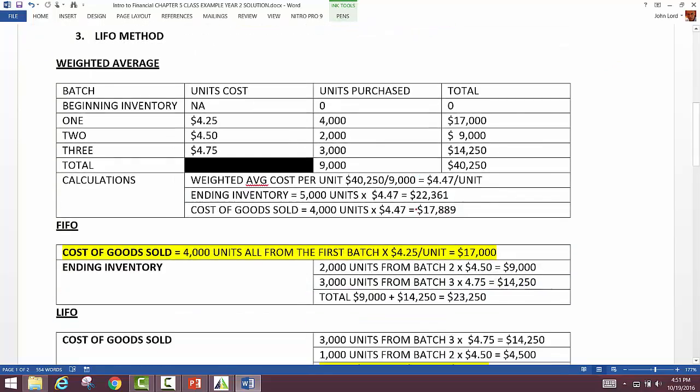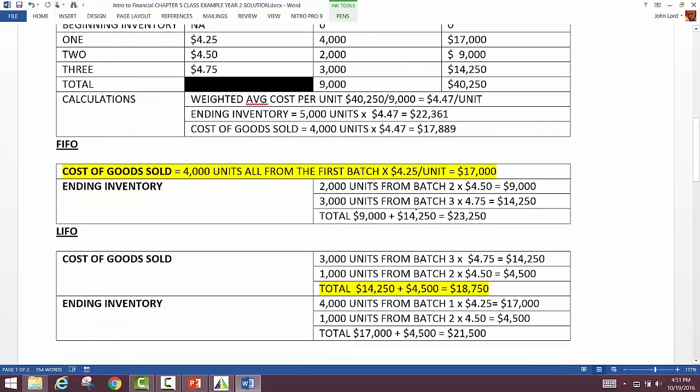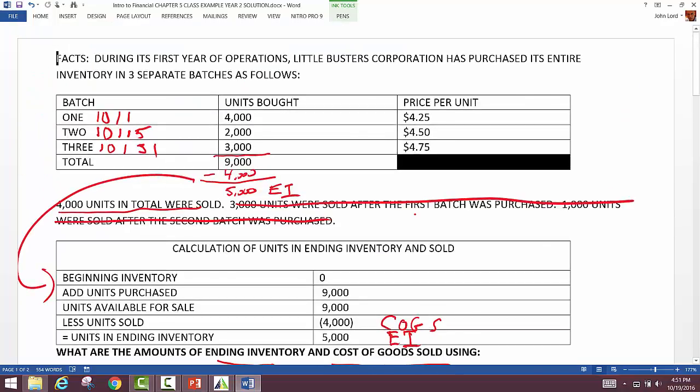Right now, we're going to jump down to our buddy FIFO. They sold 4,000 units, and you go back up to the table. It's first in, first out. We're going to assume that they sold those 4,000 milks that they bought on 10-1. The ones they bought back on 10-1 are the ones that get sold first.